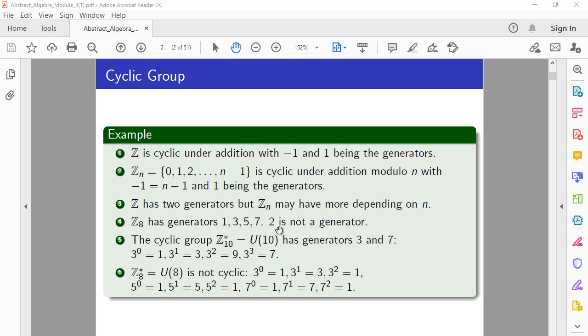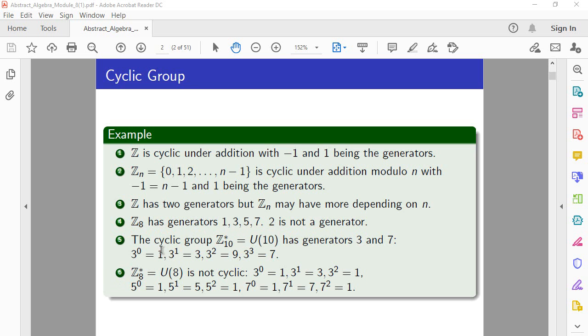That is, every element of Z8 cannot be expressed as a multiple of 2. For example, 3 wouldn't be a multiple of 2 in Z8. So 2 cannot generate all the elements in Z8.